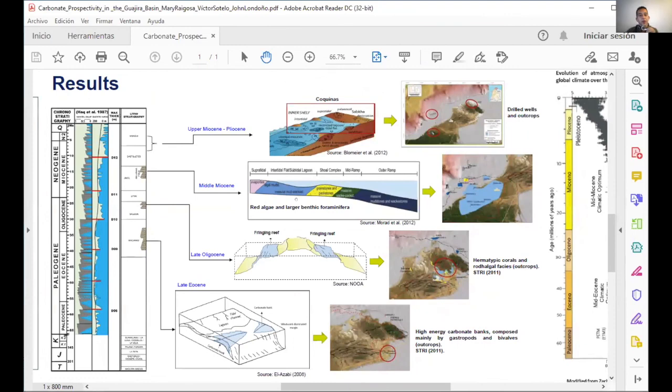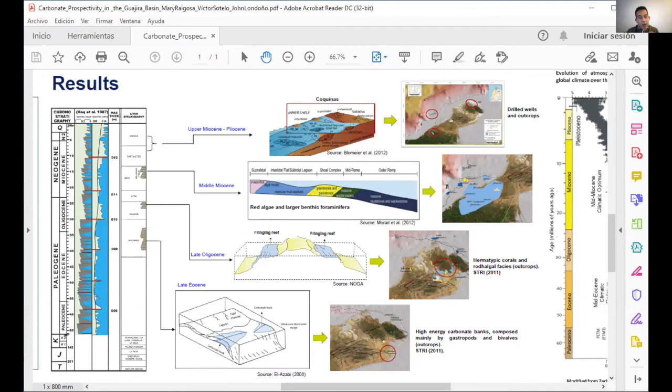The main result of this study was the recognition of four carbonate platform accumulations within the Cenozoic sequence of the Guajira Basin, for which the main depositional controls were tectonics, eustasy, and inherited depositional profile. From base to top, we have the late Eocene carbonate banks.